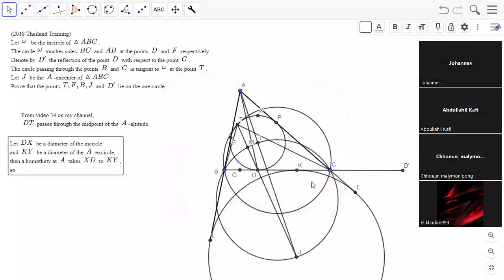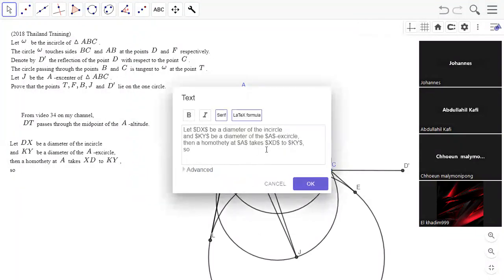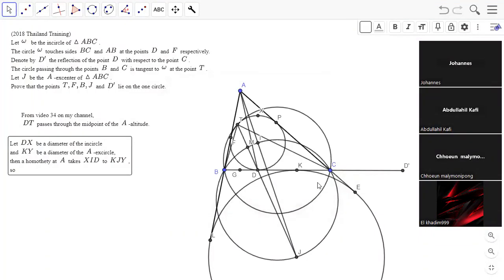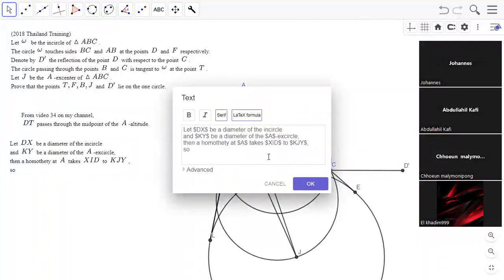So if we know that, then that's what proves that JD and T are collinear. I'll say it takes XID to KJY. So JD and T are collinear.